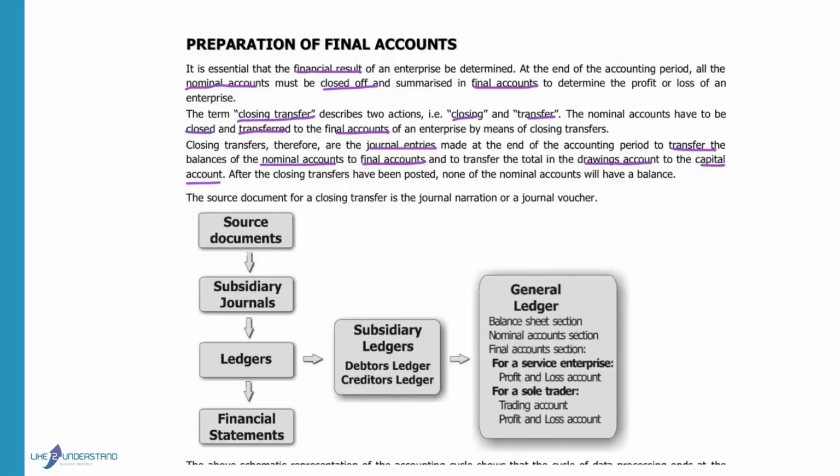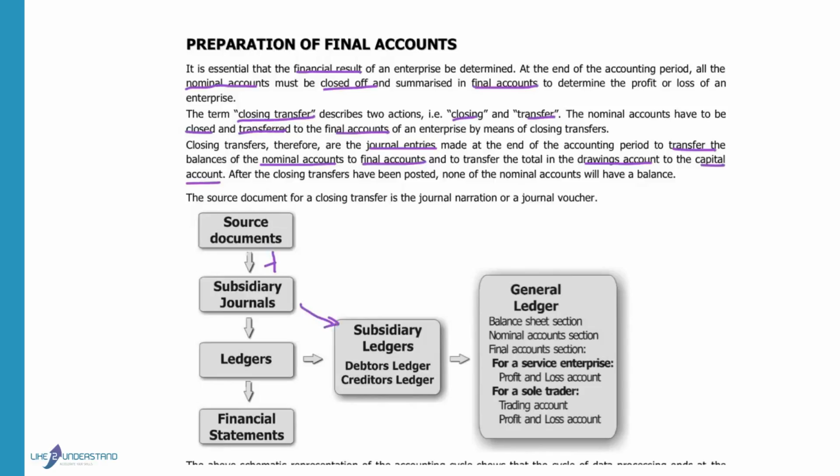When we do the books of a business, we will first of all use source documents, that is invoice, receipt, check counterfoil, and then we will use these source documents and record it in the subsidiary journals. From the subsidiary journals, on a daily basis, we will record the entries in the debtors ledger and in the creditors ledger.